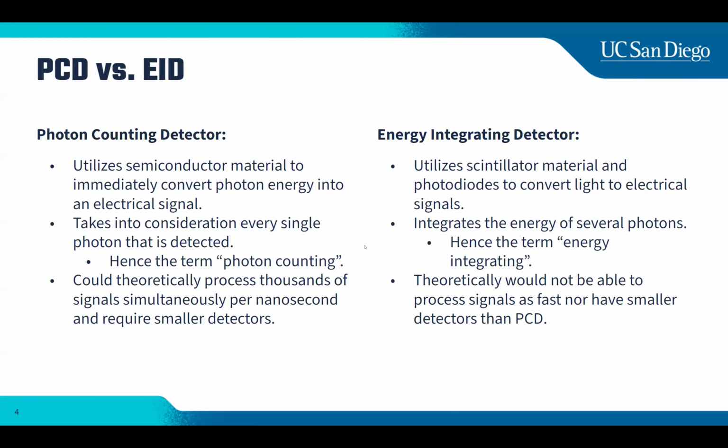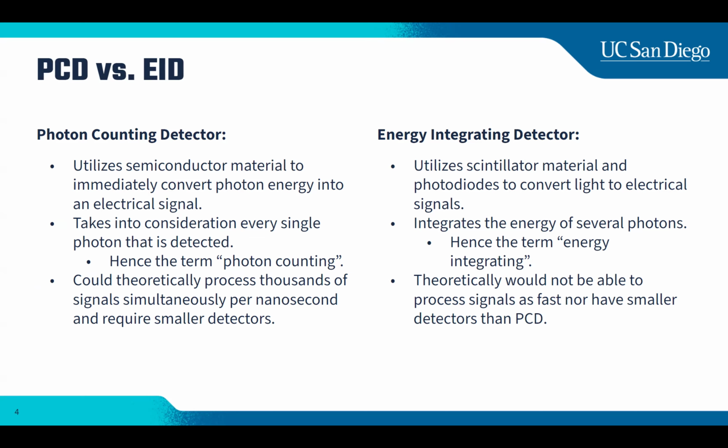Very briefly, we know that photon counting detectors quite literally count every single photon that hits the detector, and they convert all that energy, every single one, all the tens of thousands that hit the detector at any given time, into electrical signal. Because of this, it's theoretically possible that thousands can be processed at the same time, as well as having much smaller detectors.